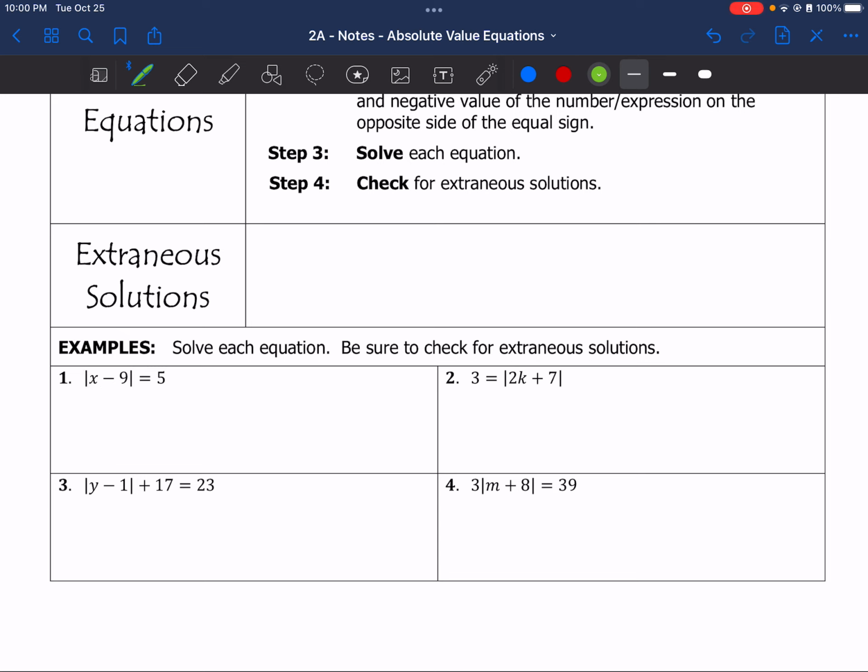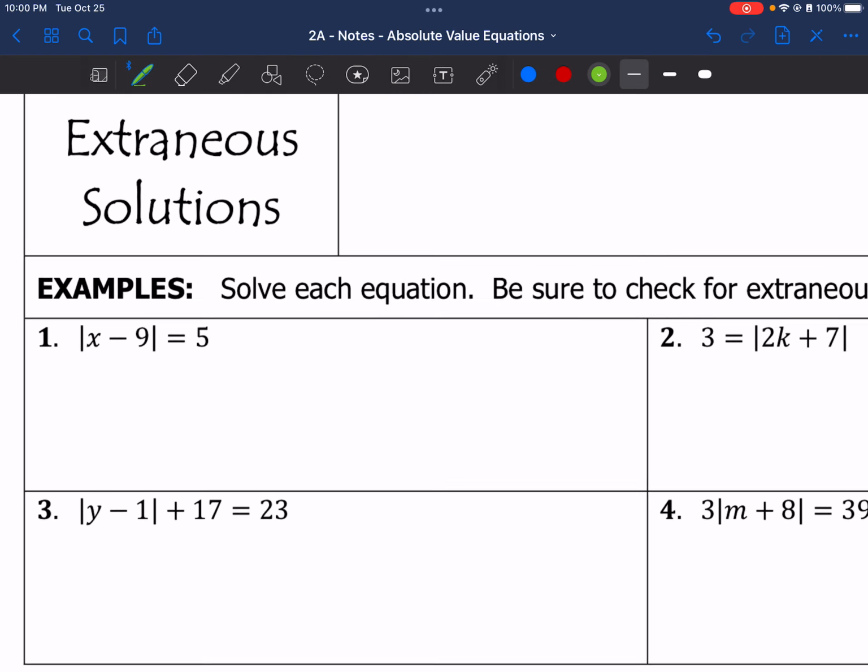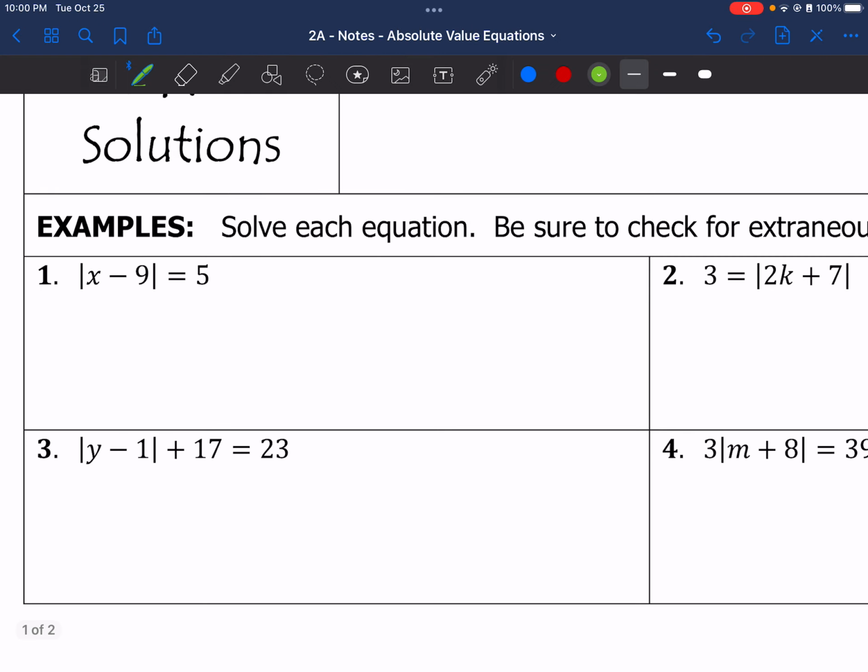So our first step is to isolate our absolute value expression. What I mean by absolute value expression is whatever is inside the absolute value brackets. So when I ask you all to isolate the absolute value expression, I want you to get rid of all the numbers or all the terms outside of the absolute value brackets.